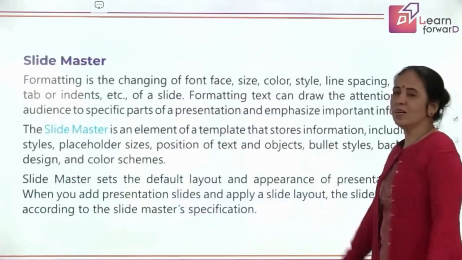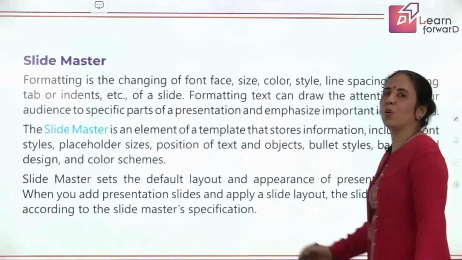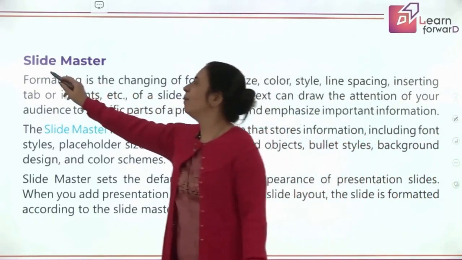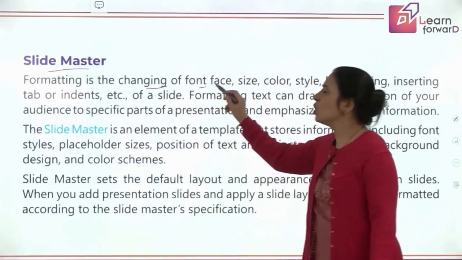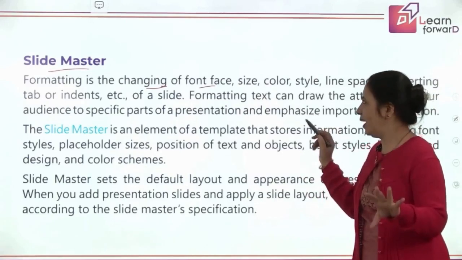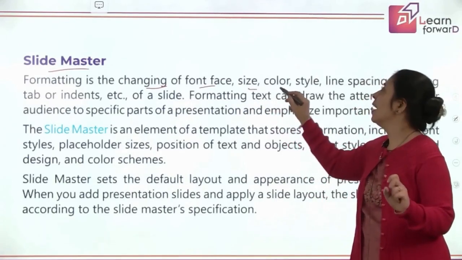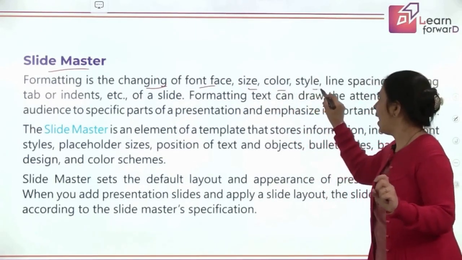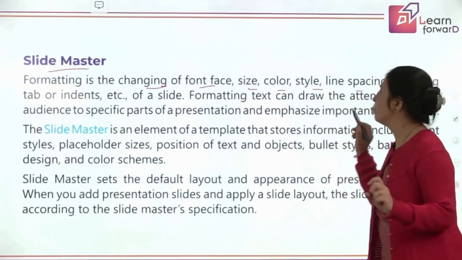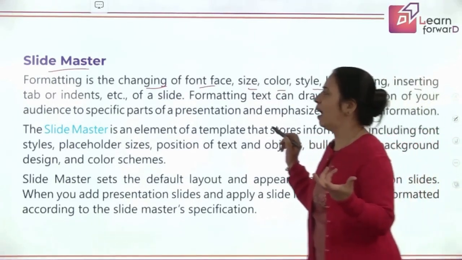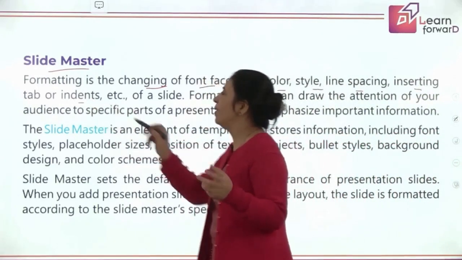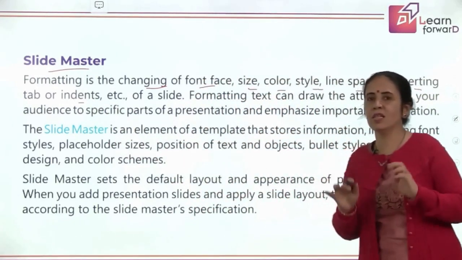And the first thing that we are going to explore is the slide master. Children, formatting is the changing of the font face, size, color, style, even the line spacing, adding the tabs. We call inserting the tabs or indents inside it, and many more things in the slide.